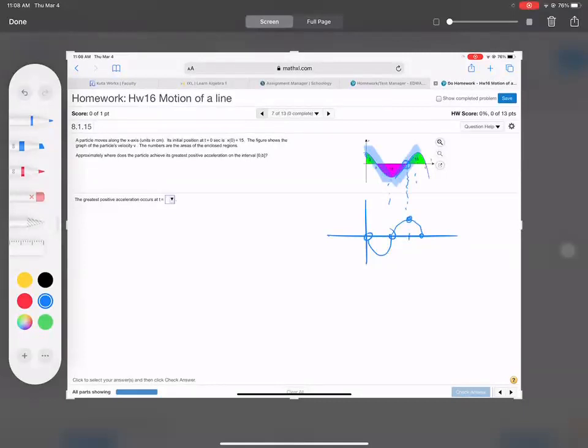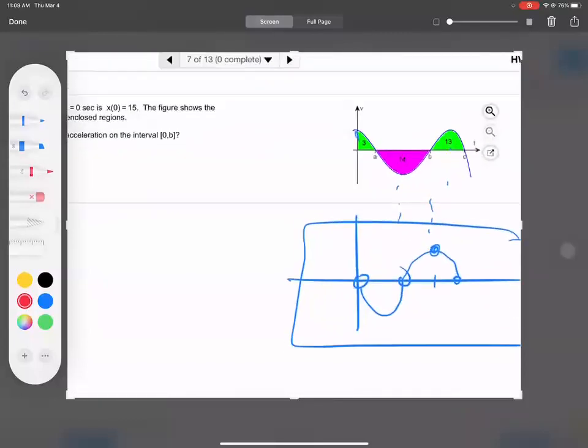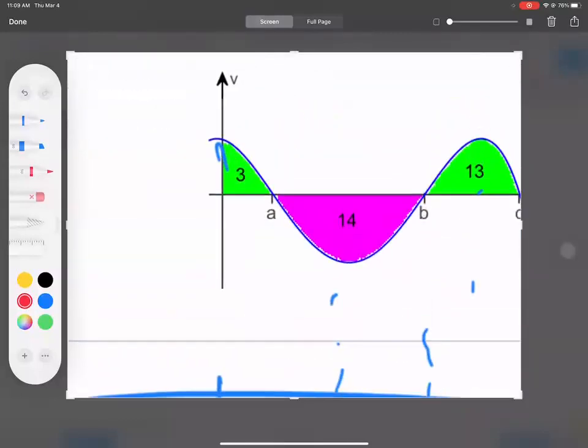But I also want you guys to realize that you don't have to draw this. This is helpful to us to have a fuller understanding. But we can also think of acceleration as just the slopes of velocity. So when do we have the most positive slope in this graph? Let's draw some slopes here, okay? The slopes are negative, super negative, lightly negative. I just call those our negative slopes.